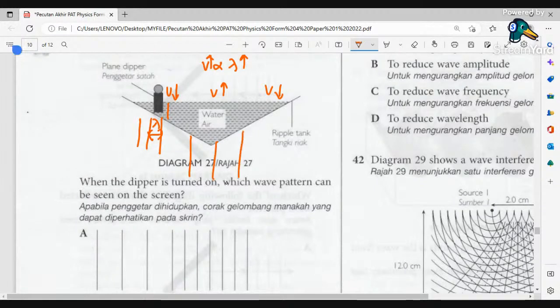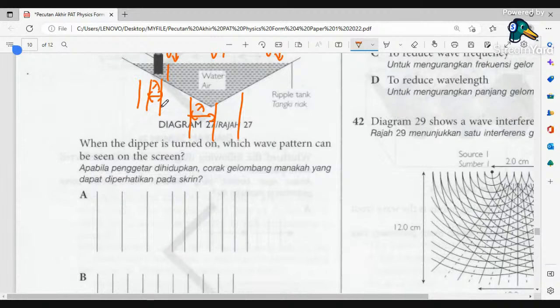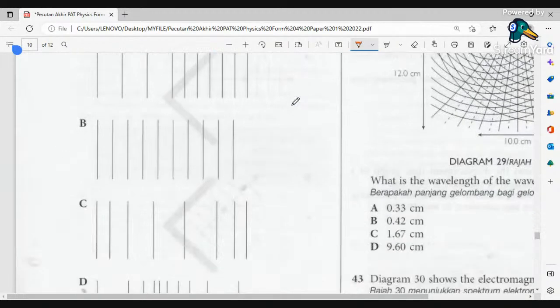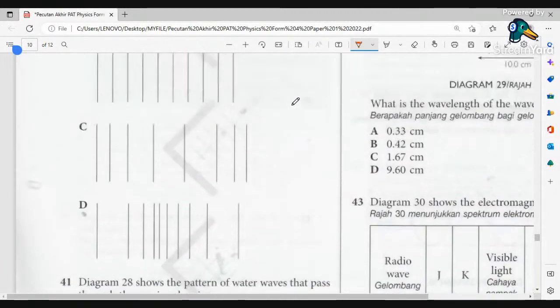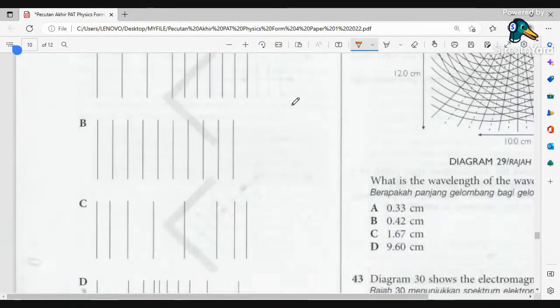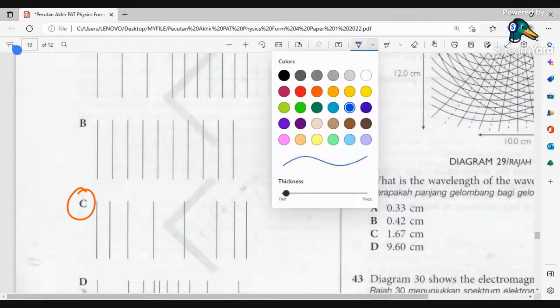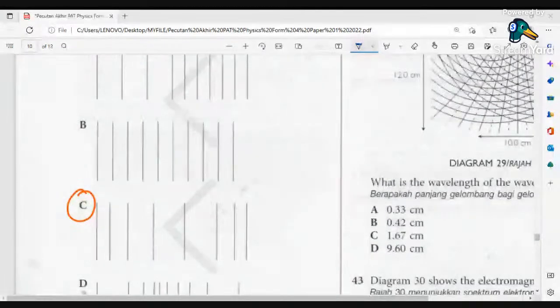Bahagian sini, between two wavefront should be longer, and then sini pendek balik. Smaller, longer, smaller. Jadi tengok mana satu yang nampak pattern tu. C lah yang paling tepat. Okay, ada soalan?